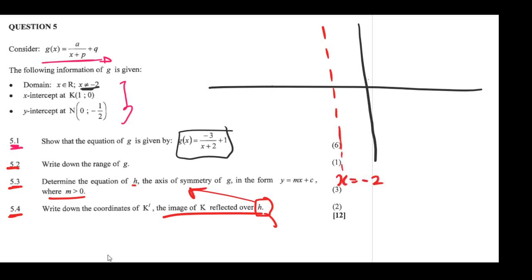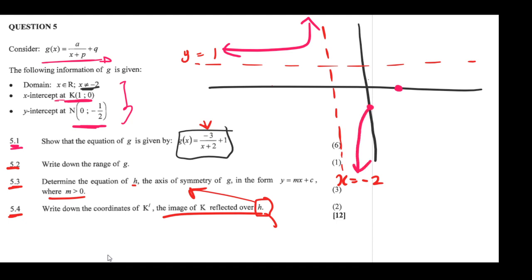My horizontal asymptote is 1, so it's this one here, y equals 1. Since my a value is negative, my function will be in the second quadrant and the fourth quadrant. But remember, the x intercept is 1 and 0, so it's somewhere here, and the y intercept is 0 and minus half, so it's somewhere here. So the graph will look something like this and going there.